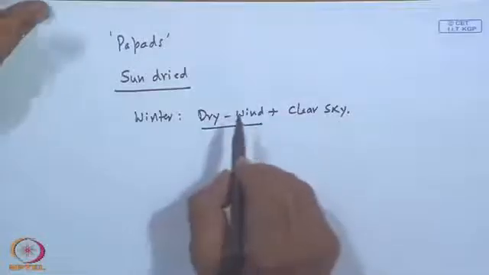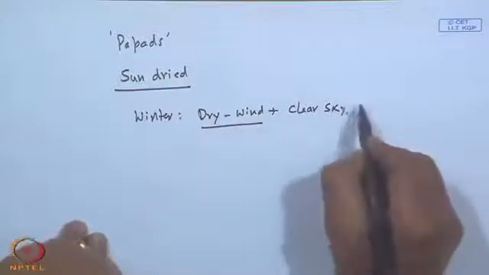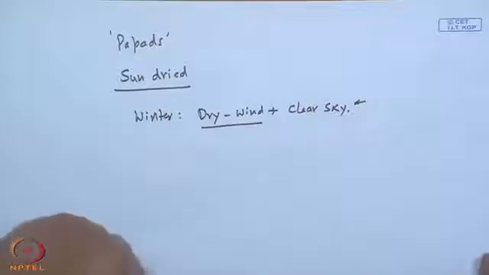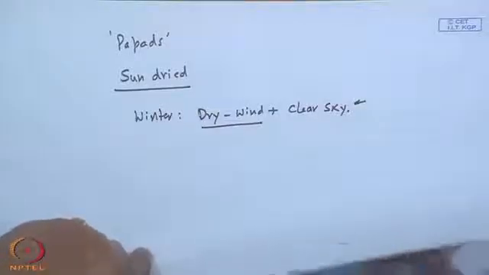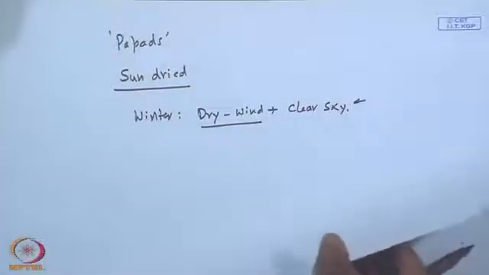Almost the standard deviation is absent. So, you can have pretty clear skies and dry wind. When there is mass transfer control, drying will be much better when it is a dry wind, in addition to having a clear sky. And of course, drying of clothes etc., is a passive application of solar energy.